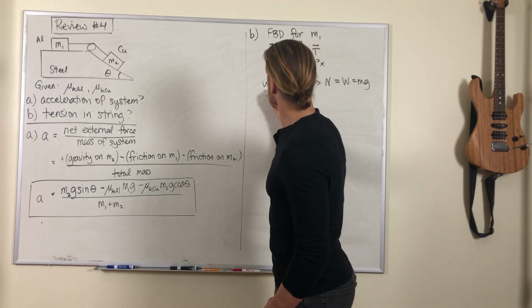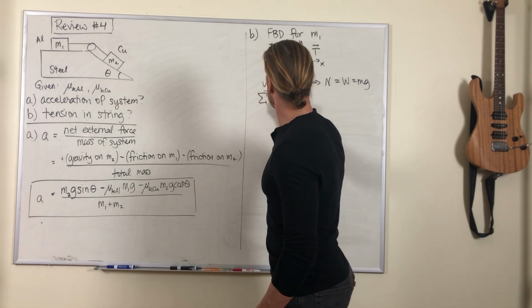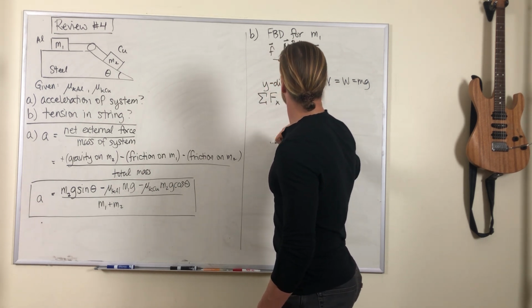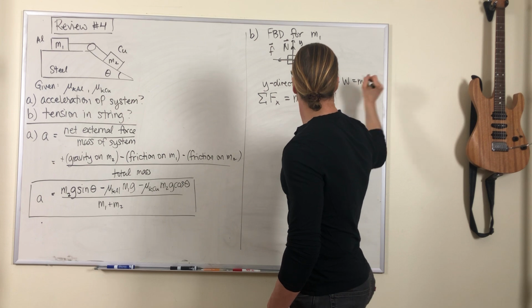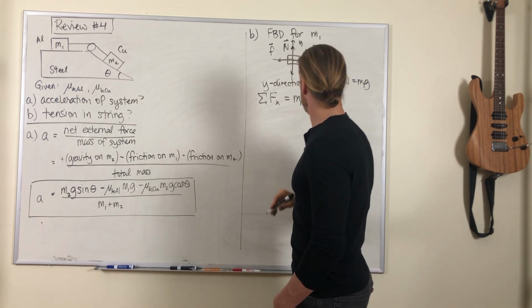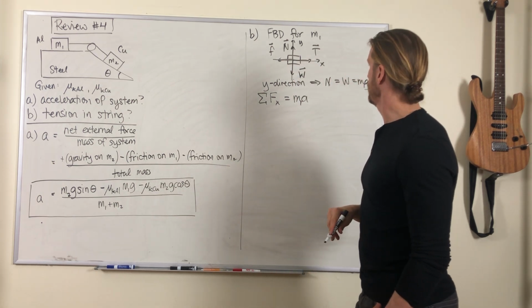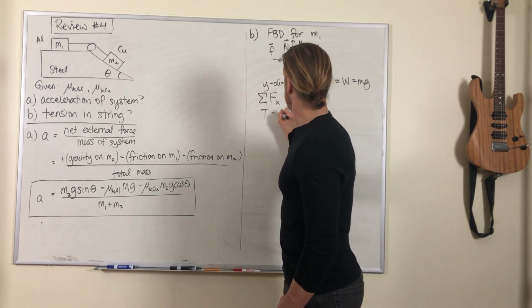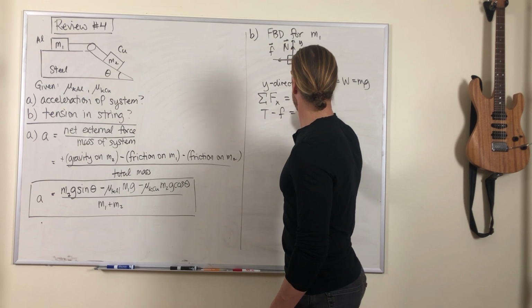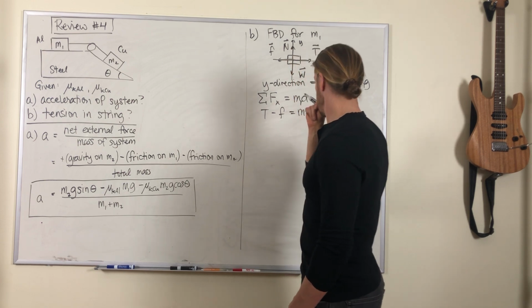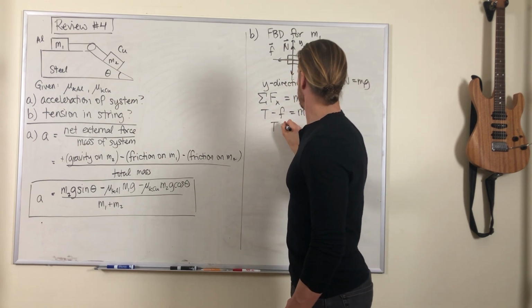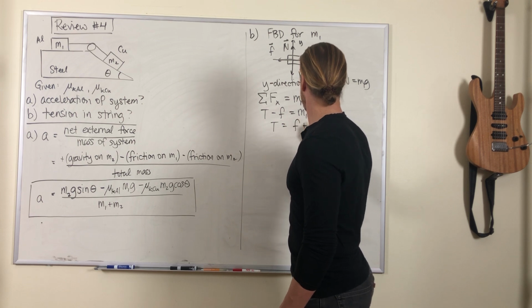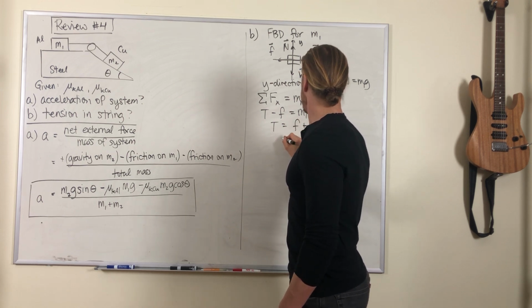In the x direction, that's M1. In the x direction we have tension minus friction force equals M1 a. So tension equals friction force plus M1 a.